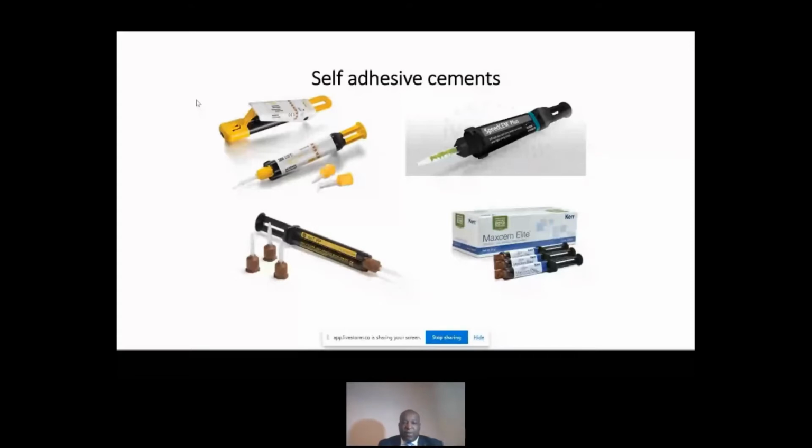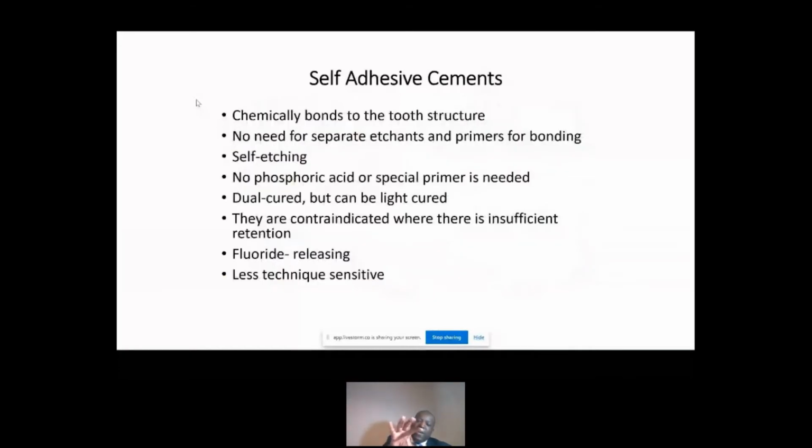So we have examples here of Reliance Unicem. Ivoclar has SpeedCem. Kerr has MaxCem. We're seeing a pattern here. And SDI changes up a little bit. They have SET, which is a self-etching adhesive.